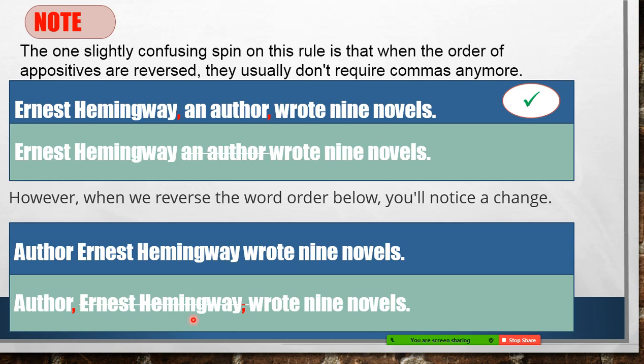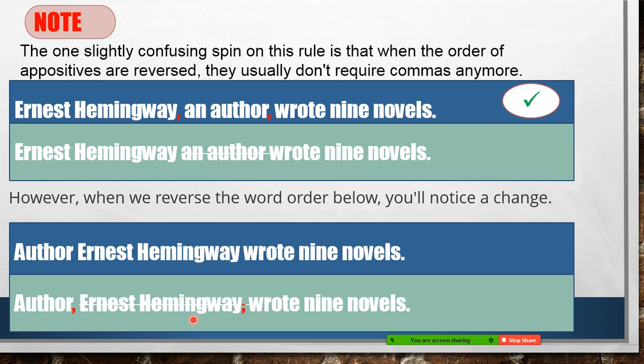You said that I can put Ernest Hemingway between two commas, right? This means that it's an appositive, non-essential. Now read what is left: Author wrote 9 novels. Okay, so does it make sense? No, because you didn't specify for me which author you are speaking about. Of course, there are a lot of authors. When I say author, it doesn't jump into my mind that this author is Ernest Hemingway. There are millions of authors in the whole world.